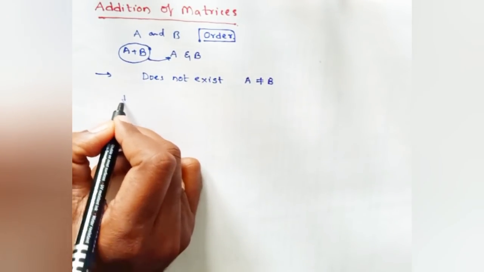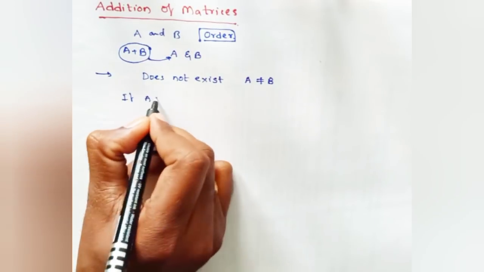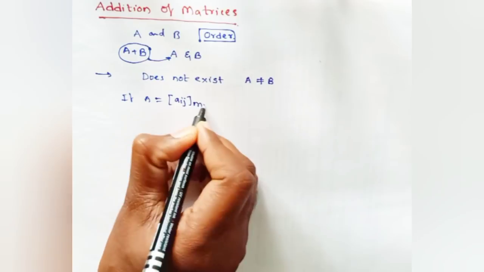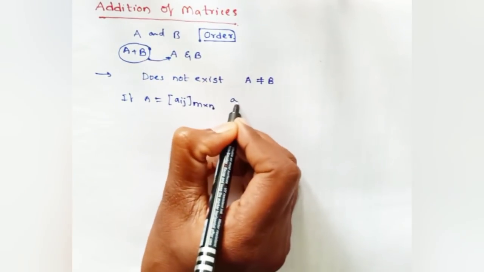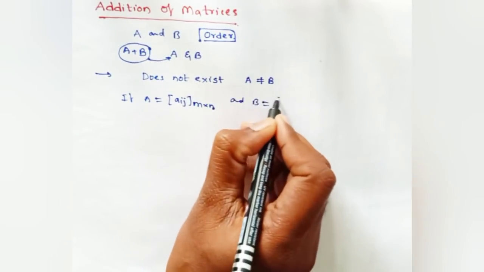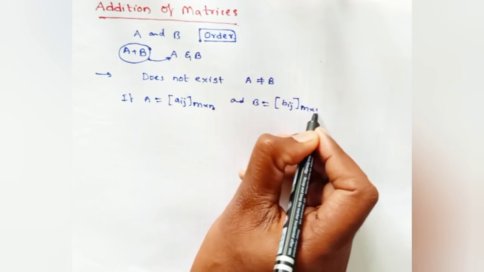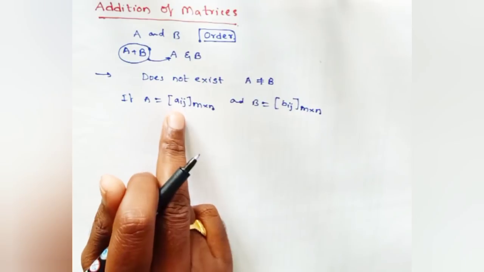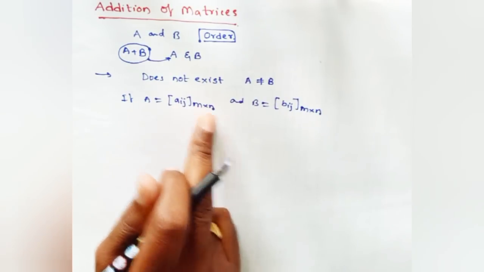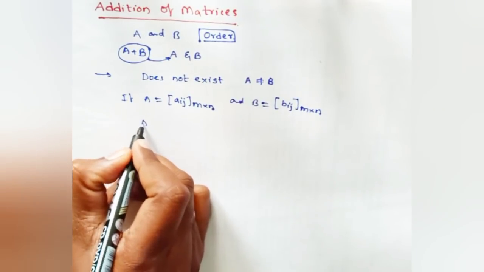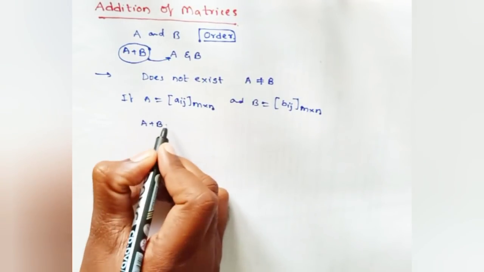That is, if A is a matrix of order m by n and B is a matrix of order m by n. Now you can observe the elements are different, but the sizes are same. So then the matrix addition is possible.